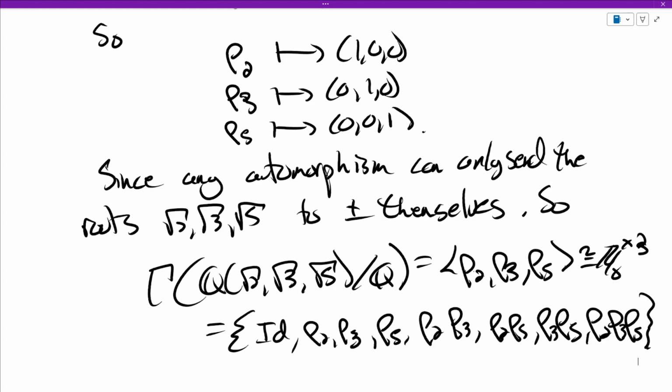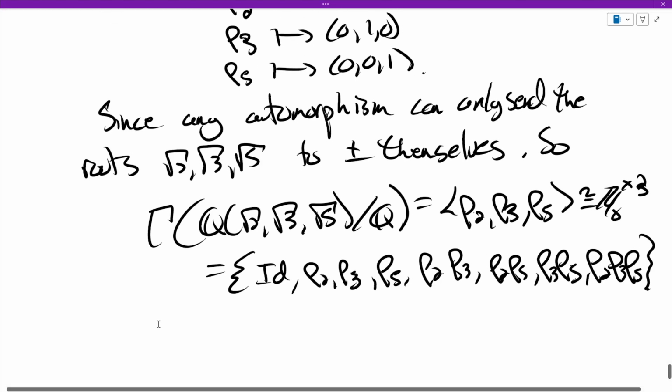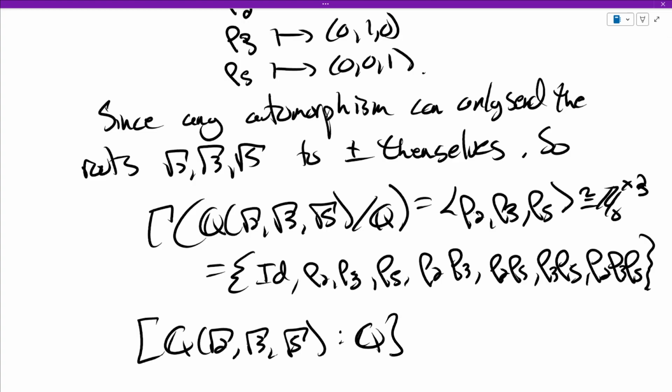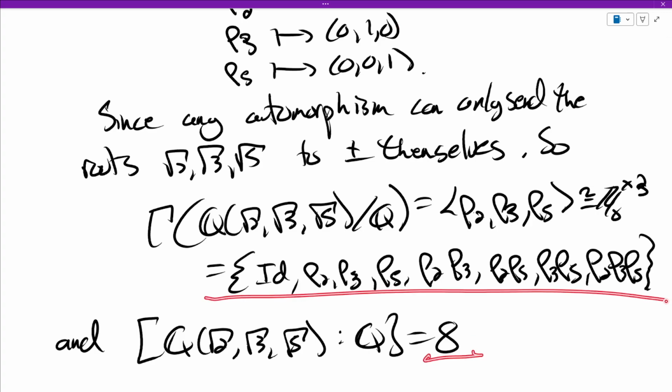And let me notice something real quick before we end our examples with this video. The extension Q adjoin root 2, root 3, root 5 has degree 8. And there are 8 elements here. I've listed all of them. Notice also that the elements here have all of their conjugates.